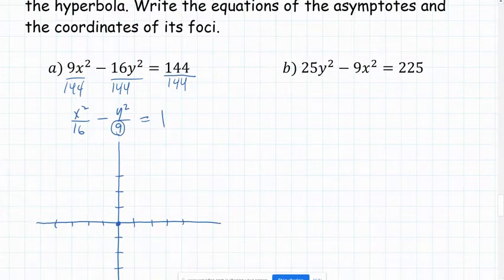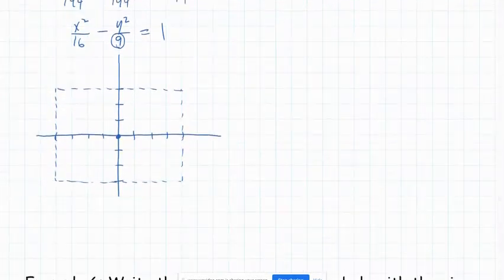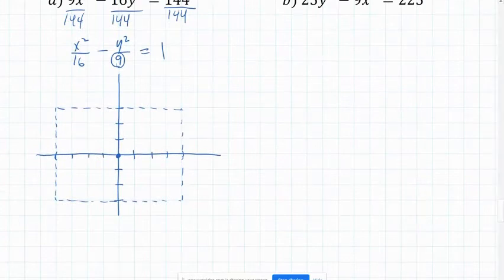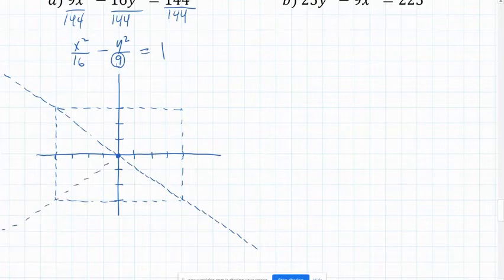But instead of drawing an ellipse here, I'm going to draw a box. And that box is going to guide our asymptotes. So if you draw now lines through the corners, those are going to be asymptotes for our hyperbola.